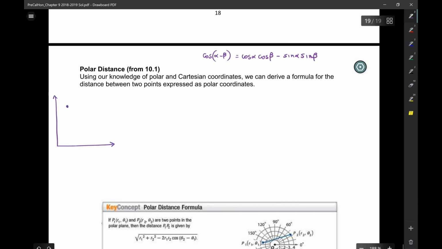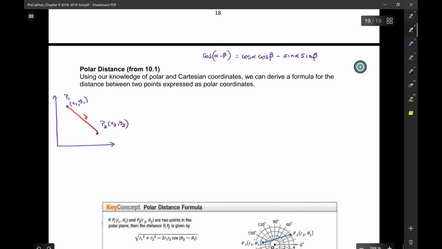Suppose I have a point here, x1, y1, I'll call that P1. And then suppose I have another point here. All right? And now suppose I wanted the distance between these 2 points.